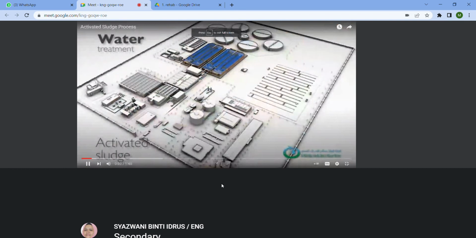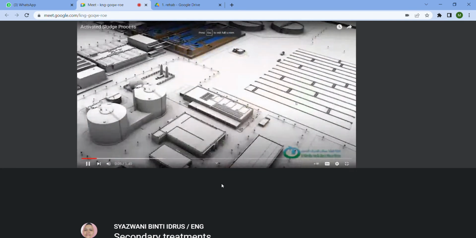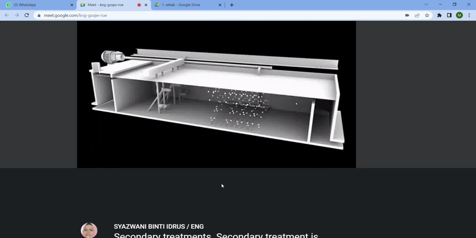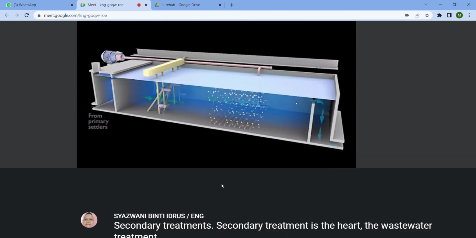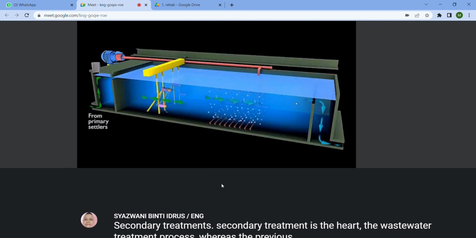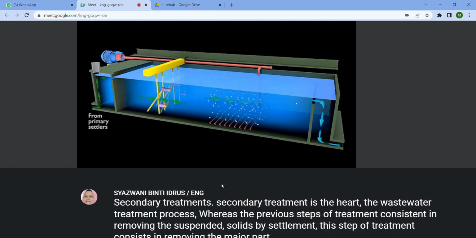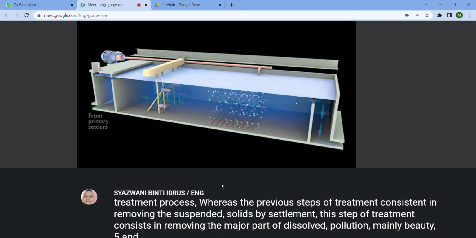Secondary treatment. Secondary treatment is the heart of the wastewater treatment process. Whereas the previous steps of treatment consisted in removing the suspended solids by settlement, this step of treatment consists in removing the major part of dissolved pollution, mainly BOD5 and ammonia.